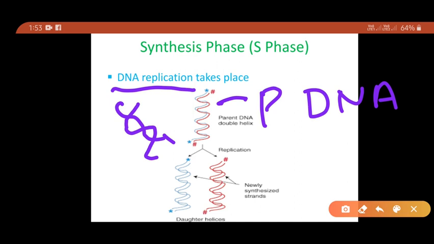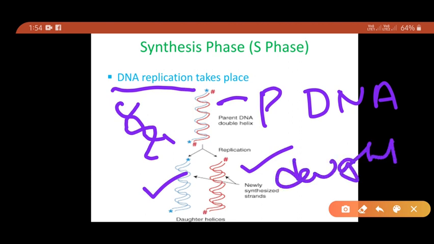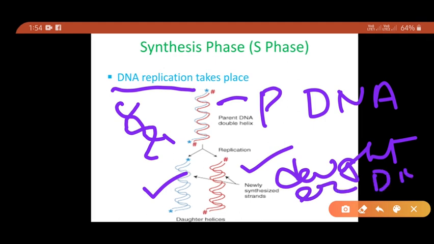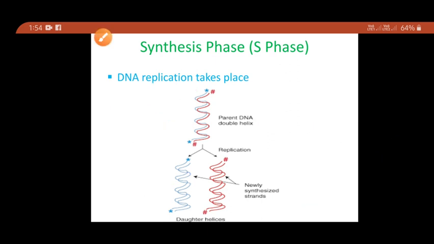At this stage, the replication takes place, which means that this will divide into two daughter helices, the daughter DNA. That is this one and this one. Sorry, daughter DNA. So this is the important phase.